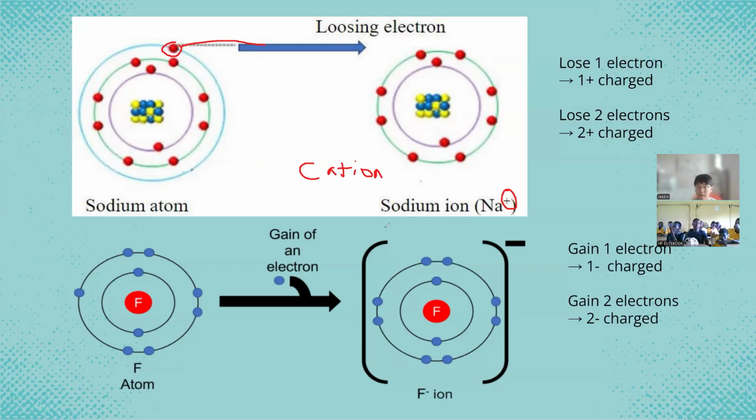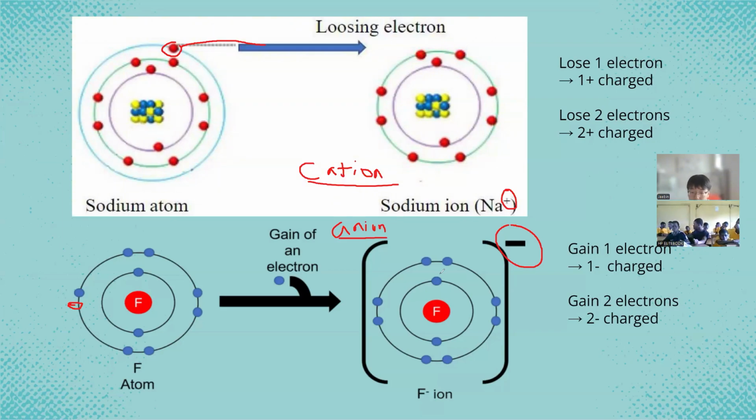Sodium is a cation when it forms an ion. Fluorine, on the other hand, needs to gain an electron, one electron here. Once it gains it, it has a negative charge. So it's an anion.